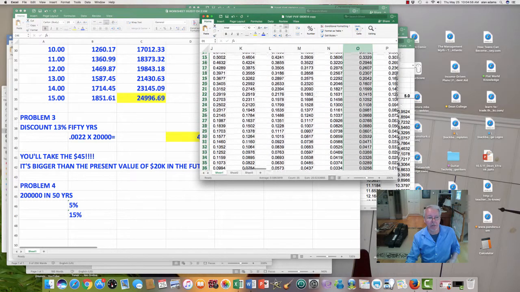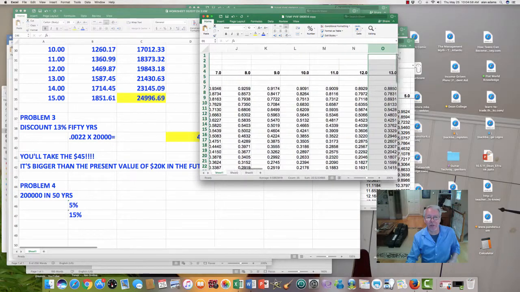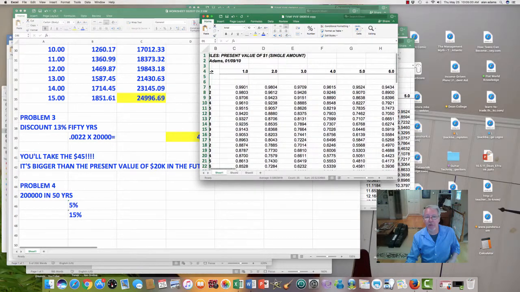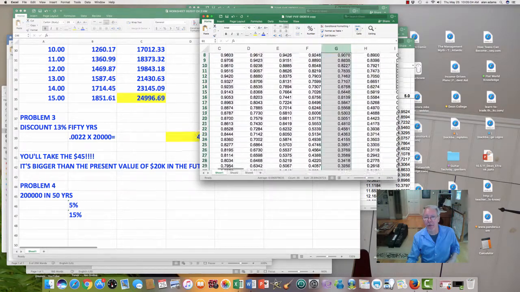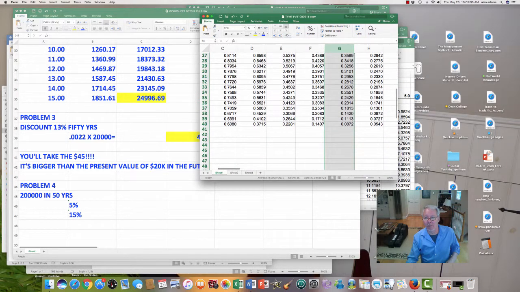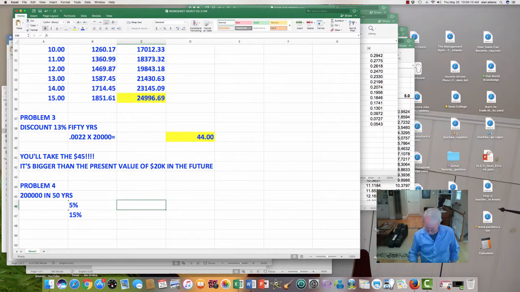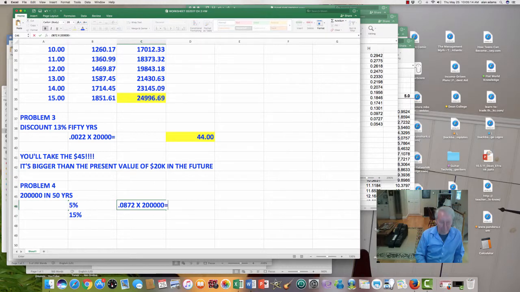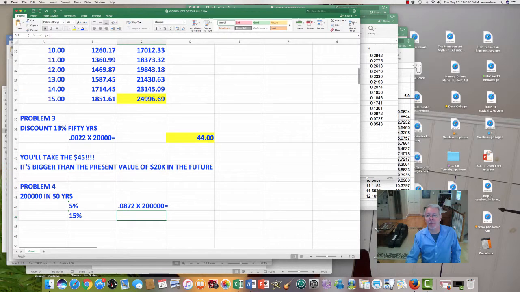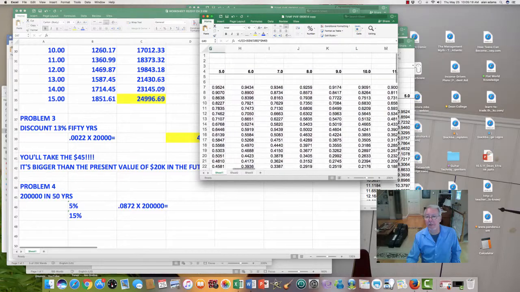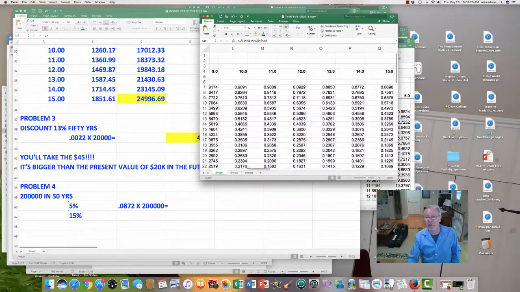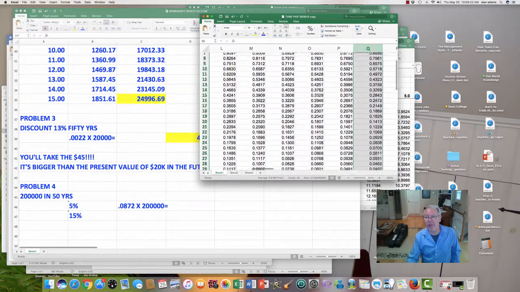So 50 years. Let's try 5% first. 50 years is the last number in my table. So come down here and we're going to multiply it by 0.0872. Then we'll do 15%. Come way over here. There it is, 15%.